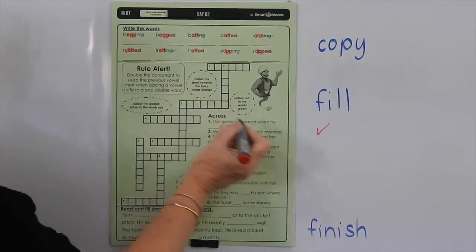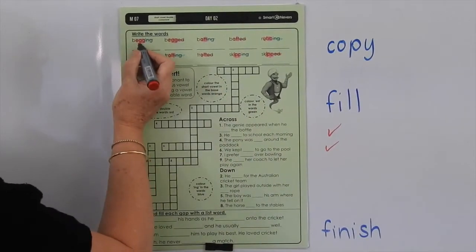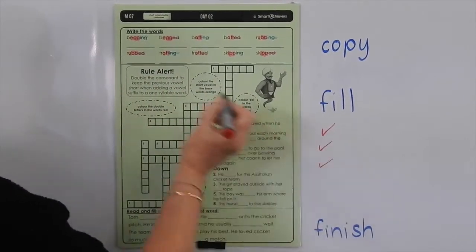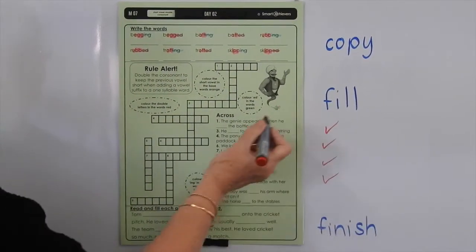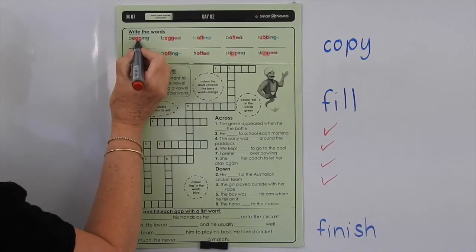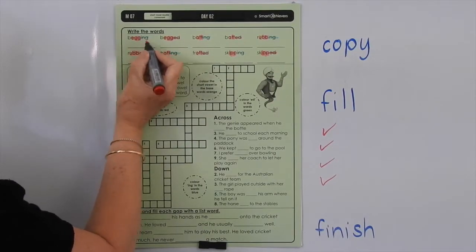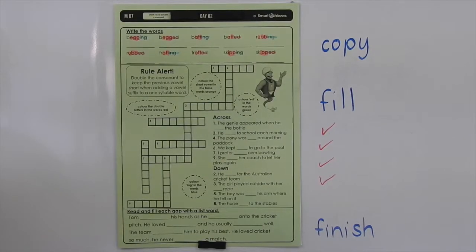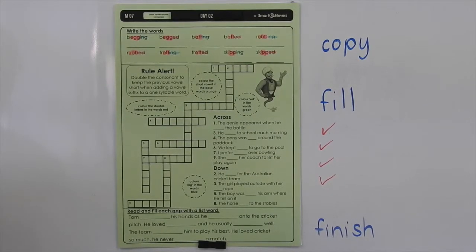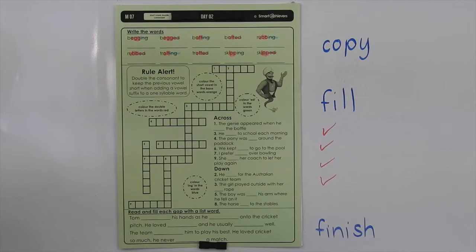Is the base word a short word? Does it end in one consonant? And the bit we add on, the suffix, does it start with a vowel? If you get 4 ticks, you know you're going to double that last letter of the base word before adding on that vowel suffix. So that's probably one of the most important things you're going to learn in spelling.